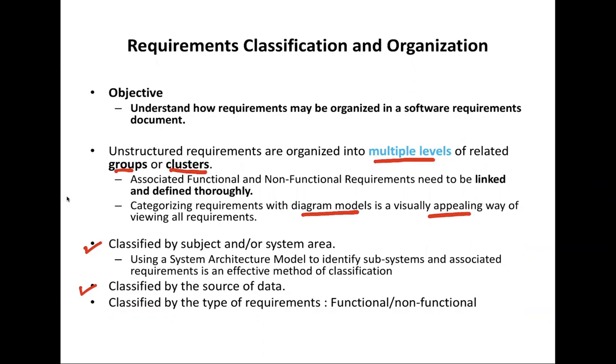Or using the traditional approach, which we have discussed before, is to classify them based on their type. So we have classified requirements before into two main categories: functional and non-functional requirements. Whether you classify requirements as functional or non-functional, each type has its own classification methods, different methodology and different approaches.